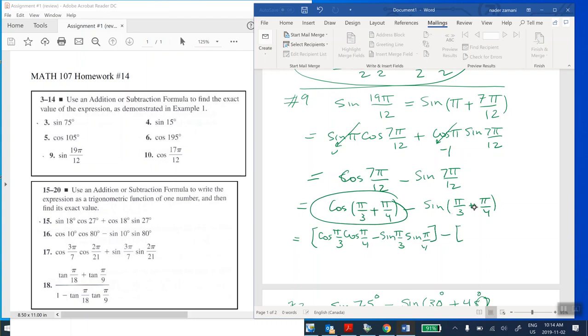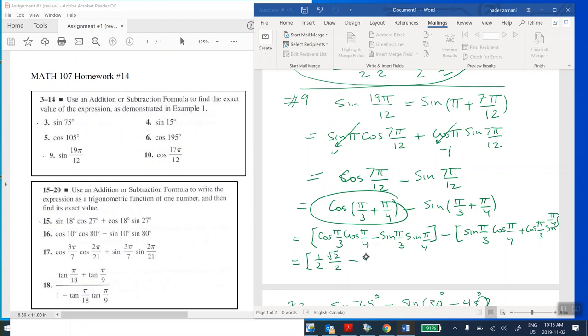And this one, we have sine of the sum of two angles. So it's going to be sine of pi over 3, cosine of pi over 4, plus cosine of pi over 3, sine of pi over 4. And each one of these, we know what it is. So let's plug it in. Cosine of pi over 3 is 1/2. Cosine of pi over 4 is root 2 over 2.